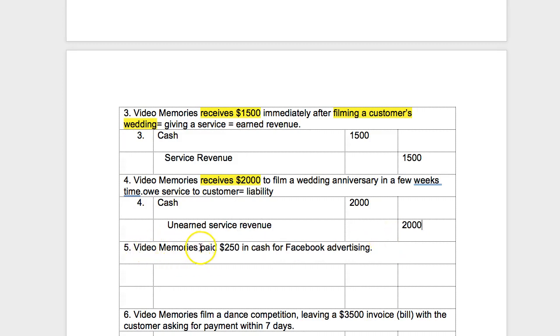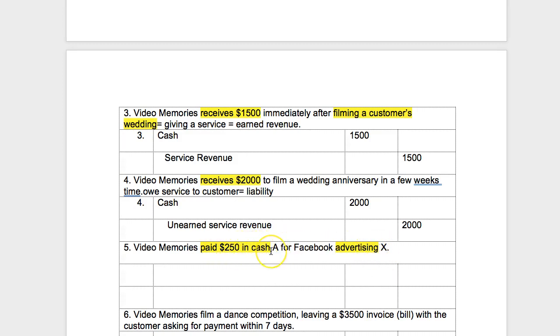Video Memories paid $250 in cash for Facebook advertising. So here I can see two things. I can see that there's cash and I can see that we have advertising. Now, cash is an asset. Advertising is an expense. So this question will have an asset and it will have an expense.